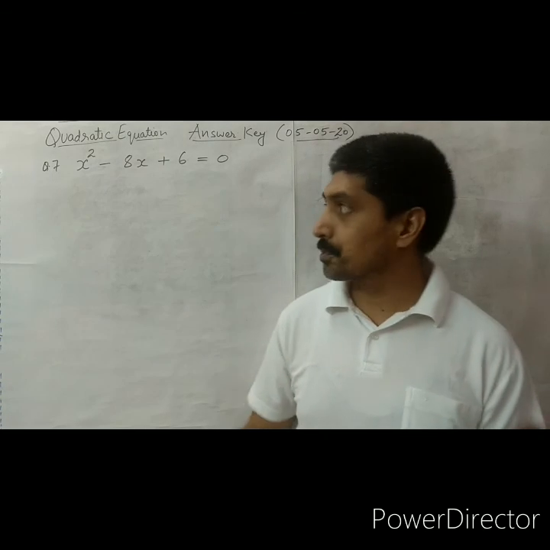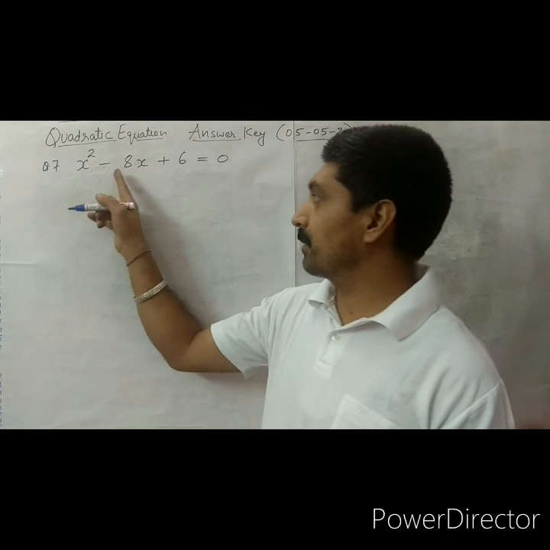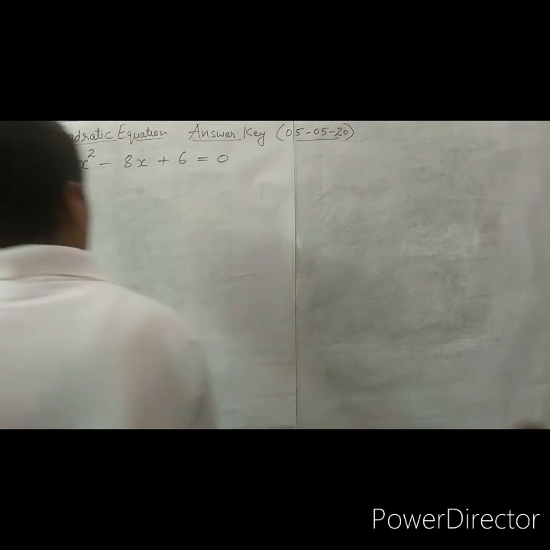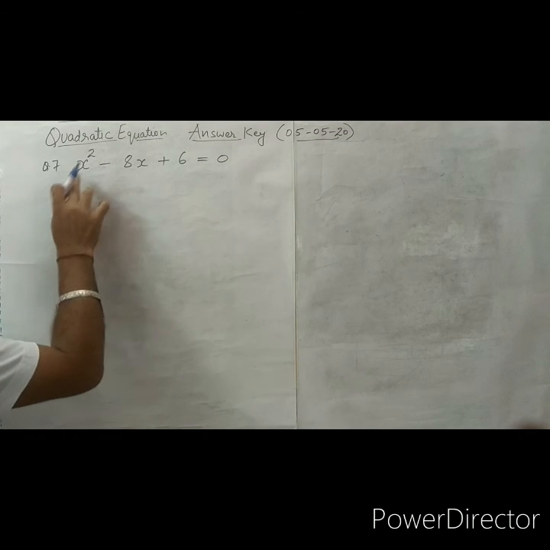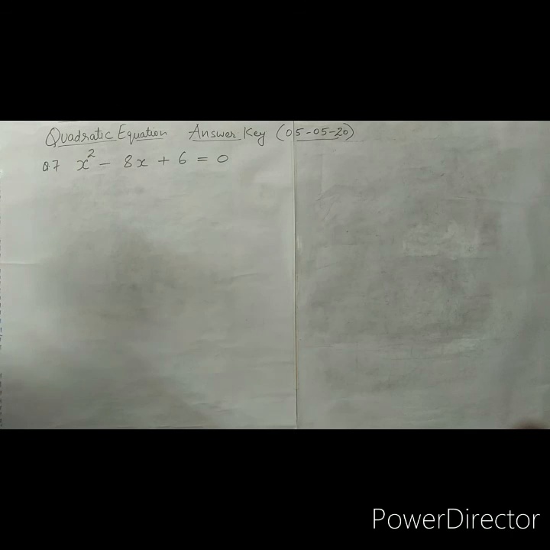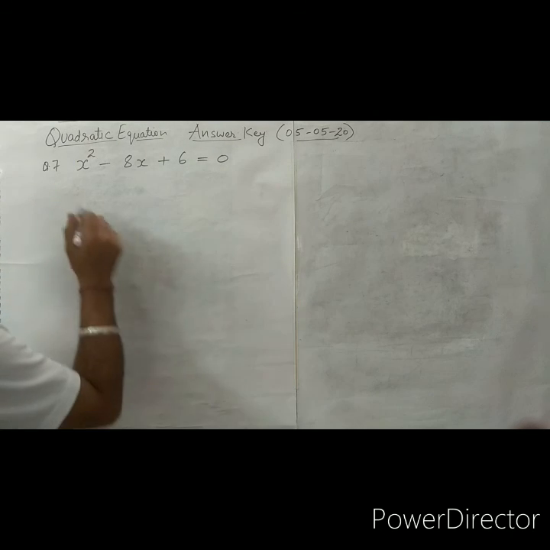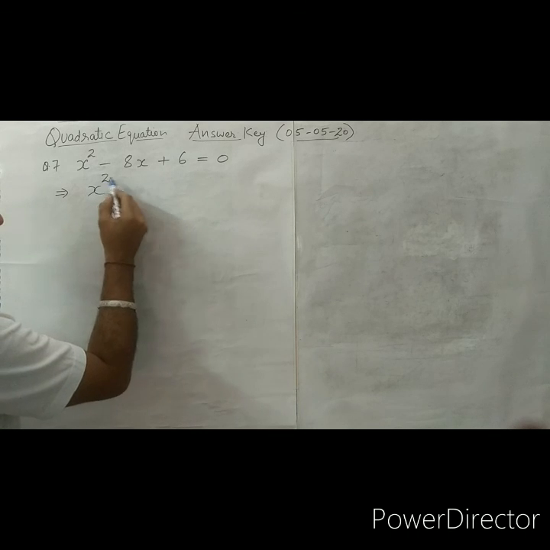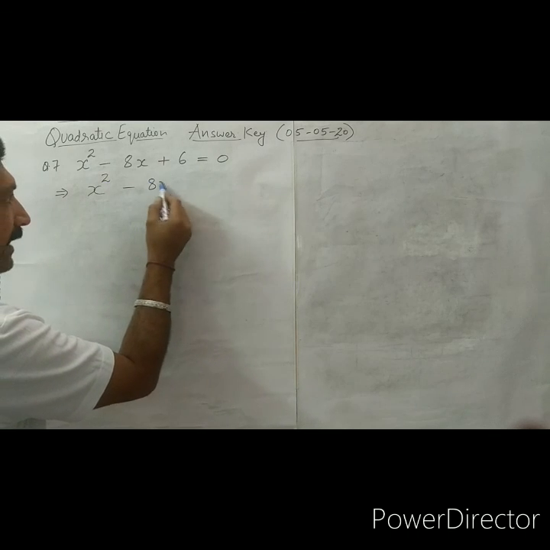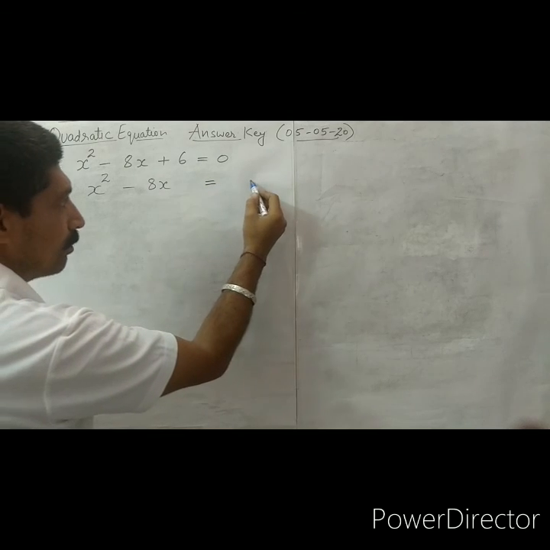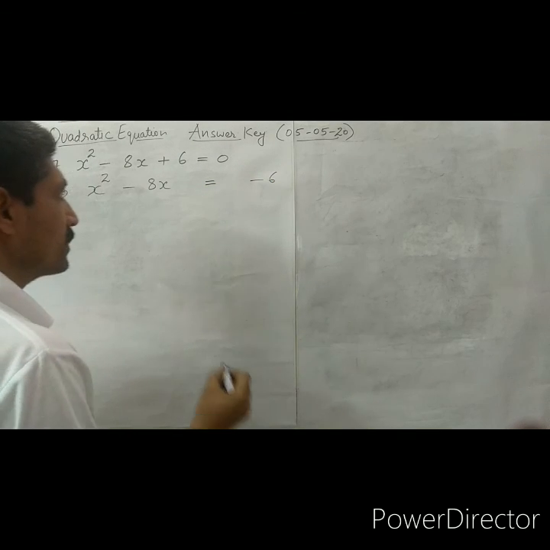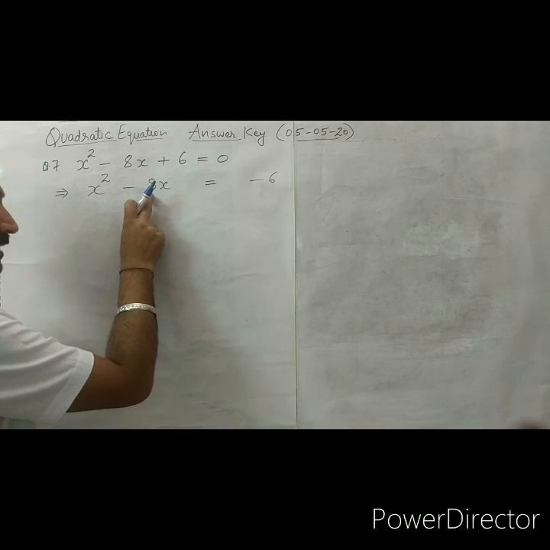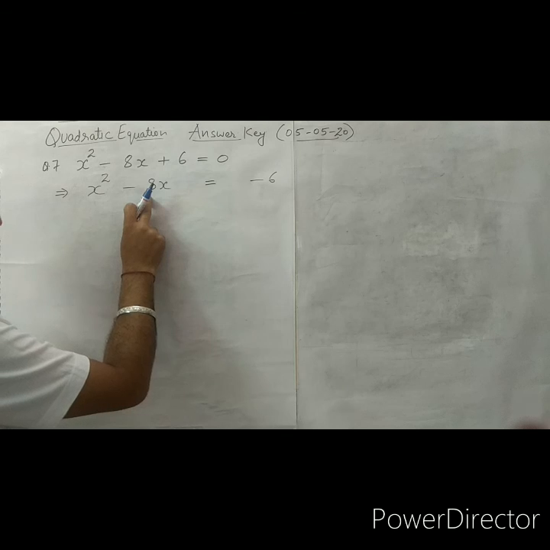So the last question, question number 7, is x square minus 8x plus 6 is equal to 0. Here the coefficient of x square is already 1, so we can move ahead. x square minus 8x is equal to minus 6. The coefficient of x is minus 8, so half of it is minus 4.